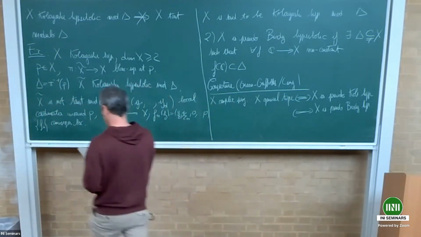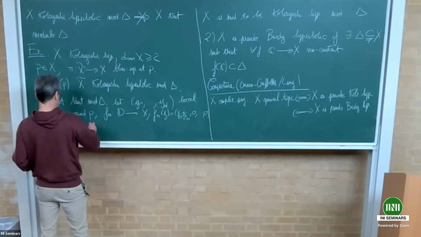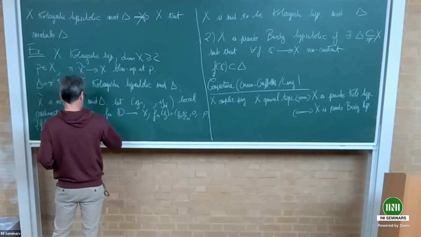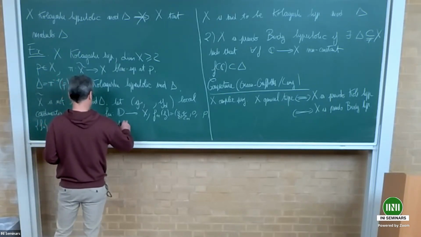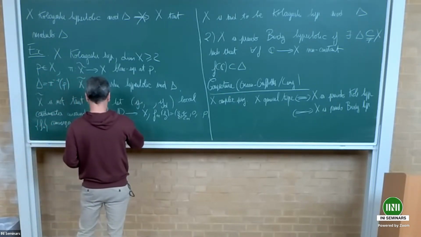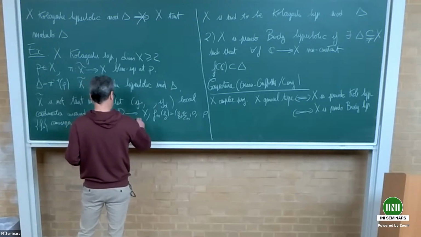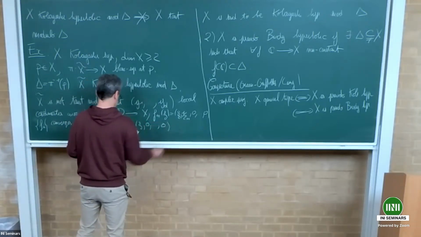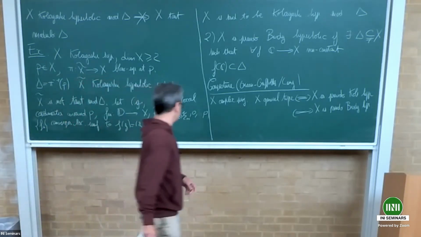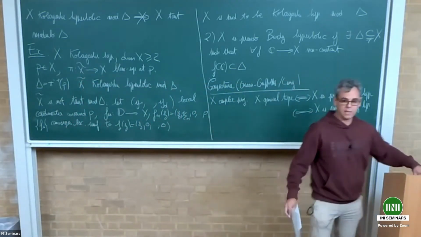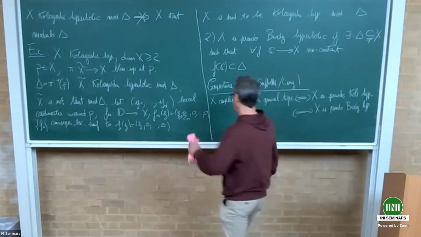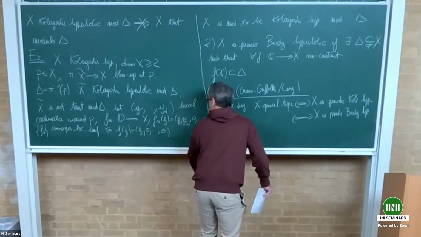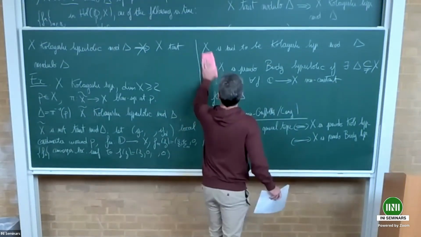Of course, this map converges locally uniformly to f of z equal to z. But the lifting, you can lift the map to the blow-up. This will not be convergent.